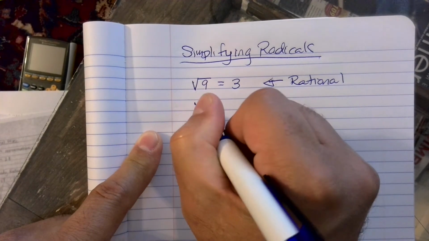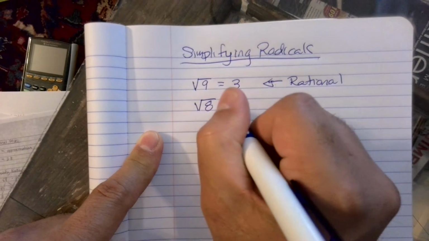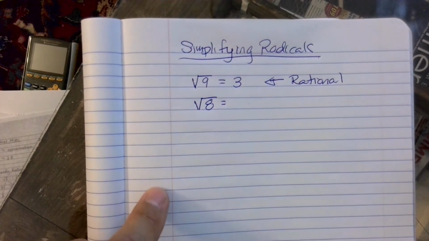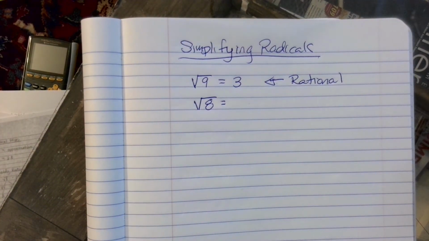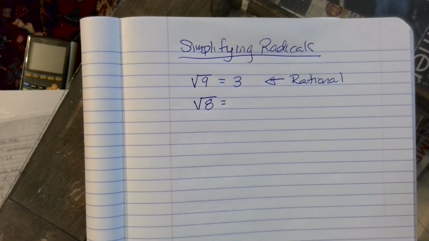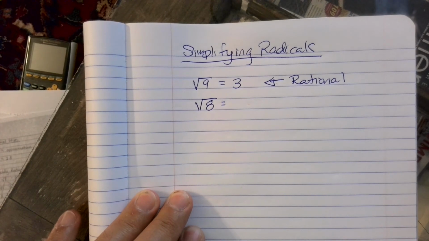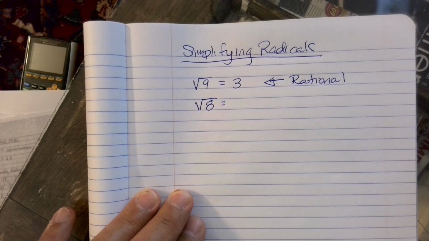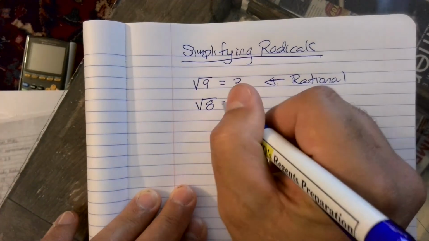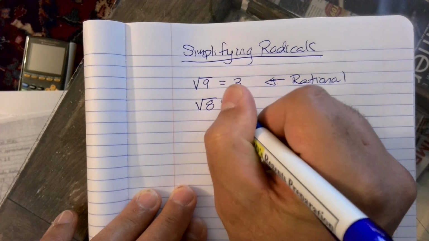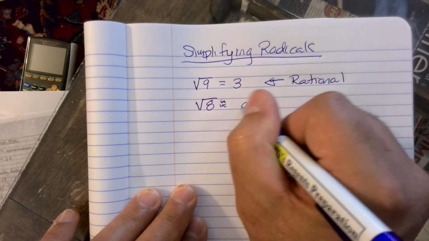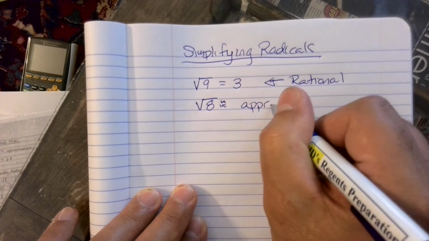But if I had the square root of 8, right, the square root of 8, I'm asking what times what will give me 8. And there are no two integers that multiply together that will give me 8. I have no two values that I could multiply together to give me 8. I could estimate it, right? I could get an approximation.